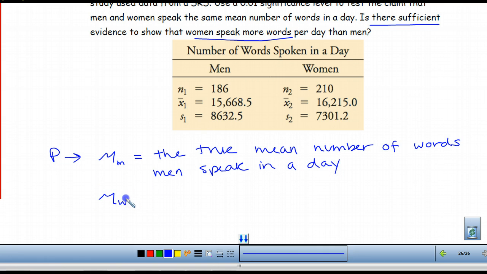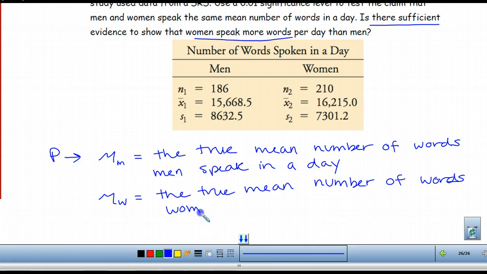And my mu W is going to be the true mean, same thing but women, number of words women speak in a day.